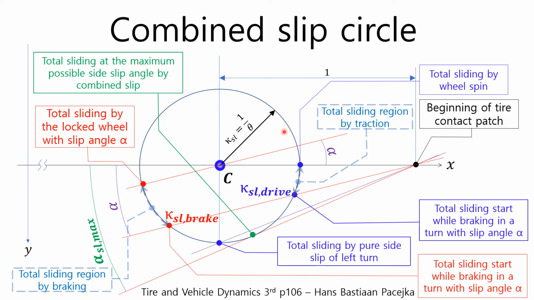It shows the starting point of total sliding by traction and the braking in a turn caused by combined slip, and also explains the combined slip per spin by traction in a turn and the locked wheel by braking in a turn. The region where total sliding occurs in the traction and the braking in a turn are also well shown, like this.